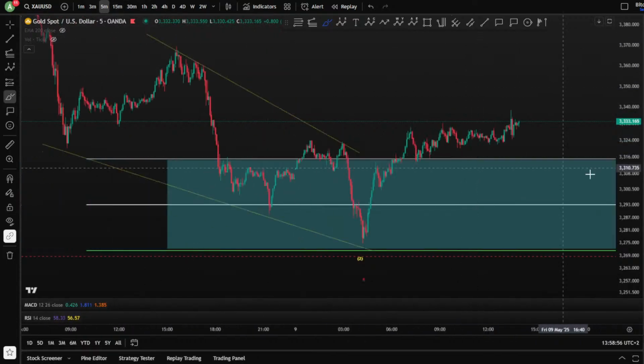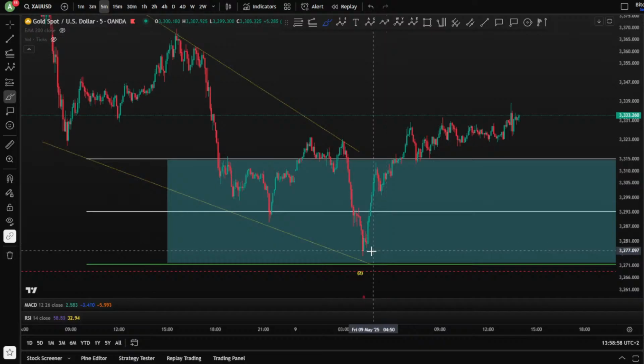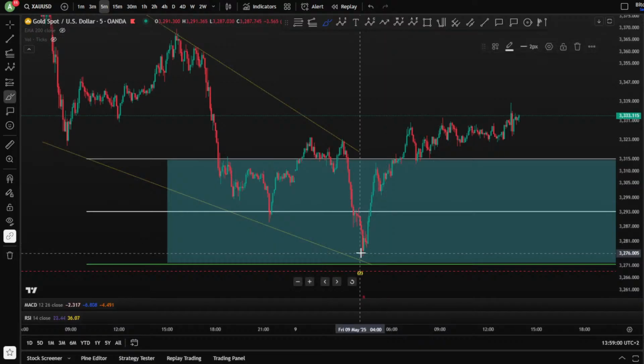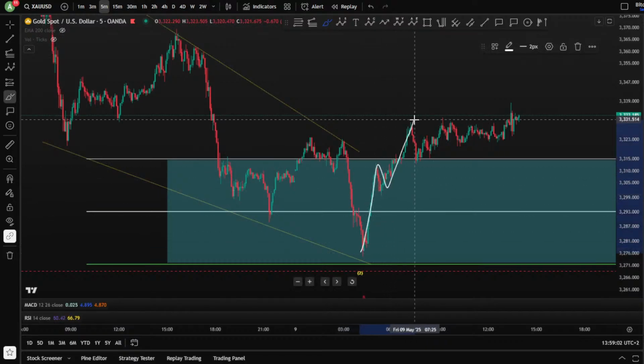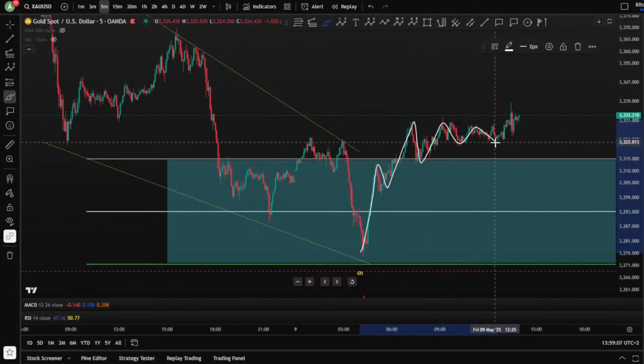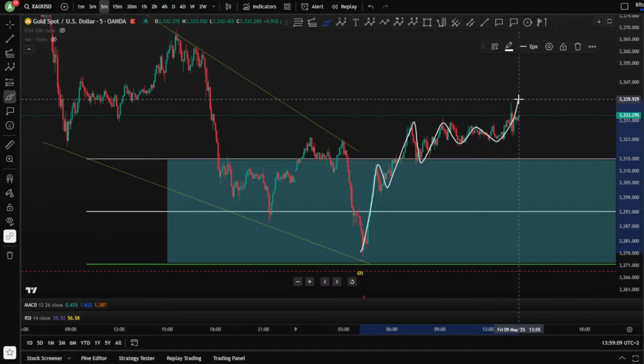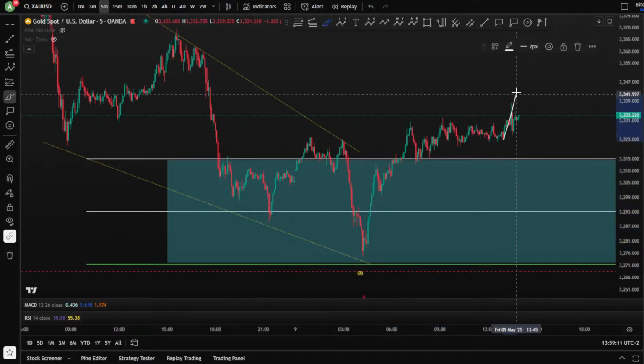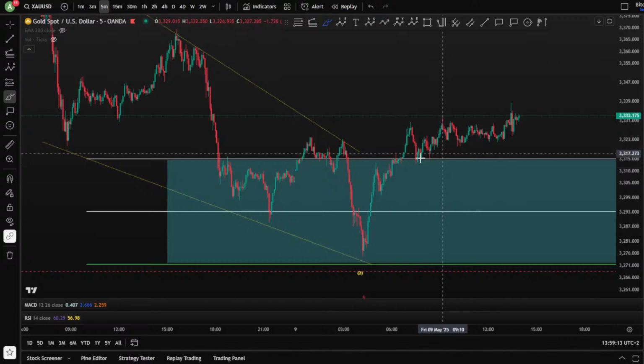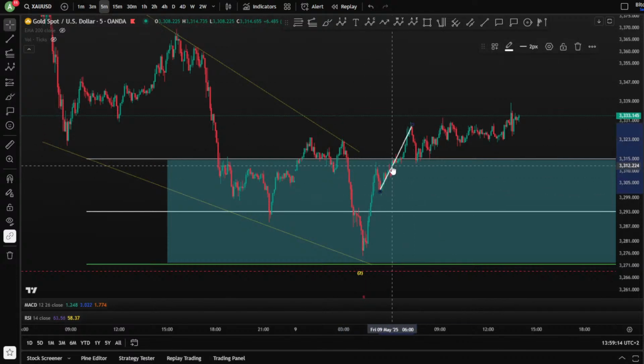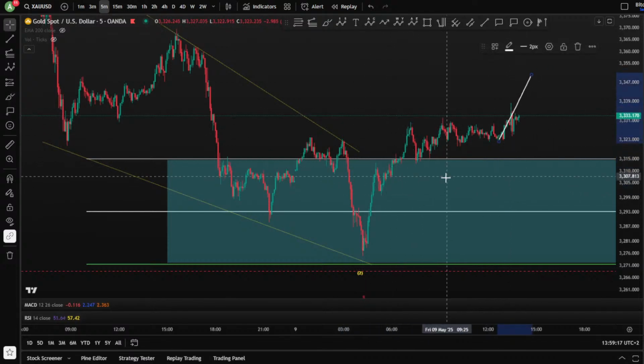Okay, so here is very micro. You have potentially here a 1, 2, 3, and then you got a wave 4 as a triangle, and you moved for a wave 5. Now the wave 5 is not allowed to be longer than the wave 3, okay, from this position.